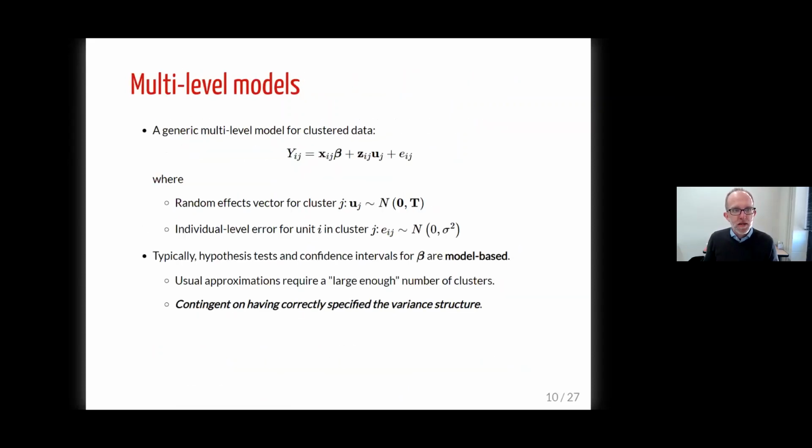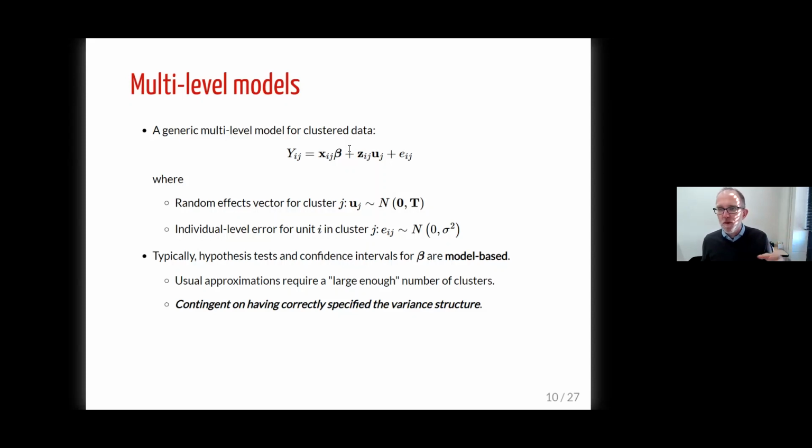so let me just get back to here. One of the big assumptions of the multi-level model is that the random effects, the U_j's, are not correlated with the systematic predictors, the X_ij's. If there's correlation there, then using a multi-level model like this can lead to biased estimates of the beta hats.